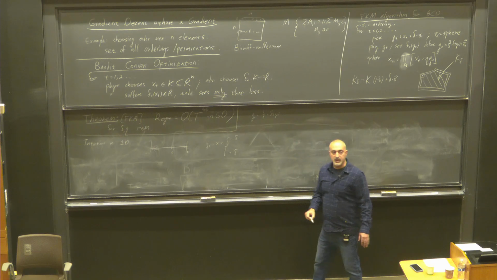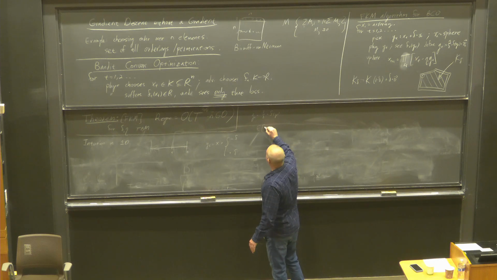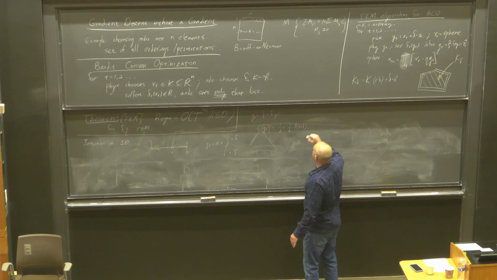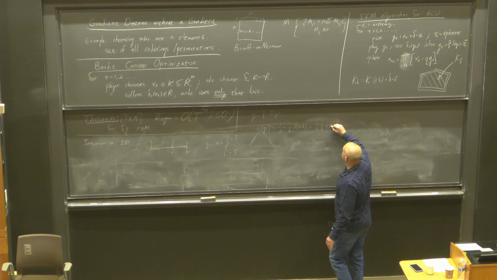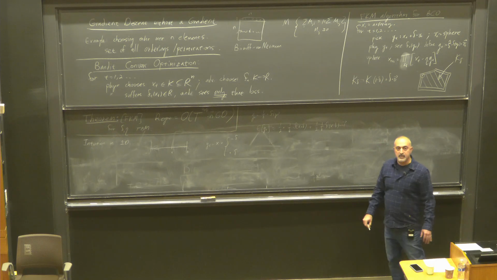Now let's see what that is. What is the expectation of g_t? With probability half, it's equal to 1 over delta times f of x plus delta, and with probability half, it's 1 over delta times f of x minus delta times negative 1. Which is what?